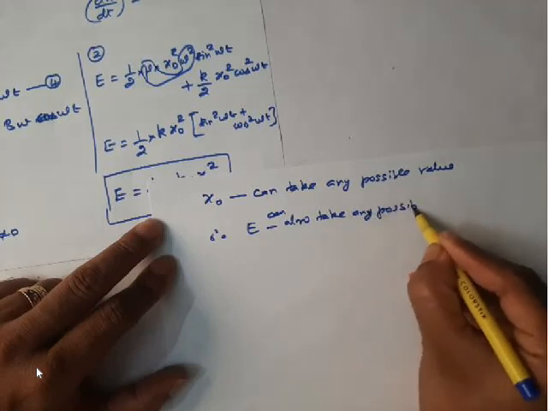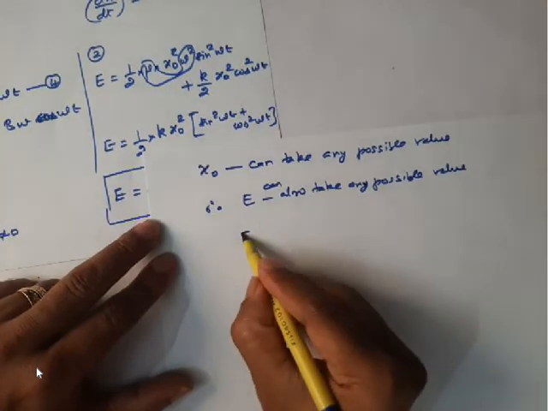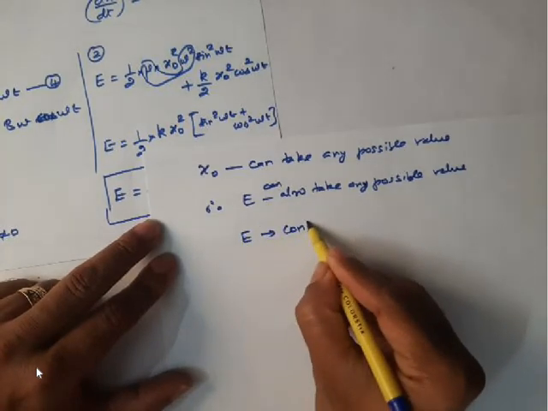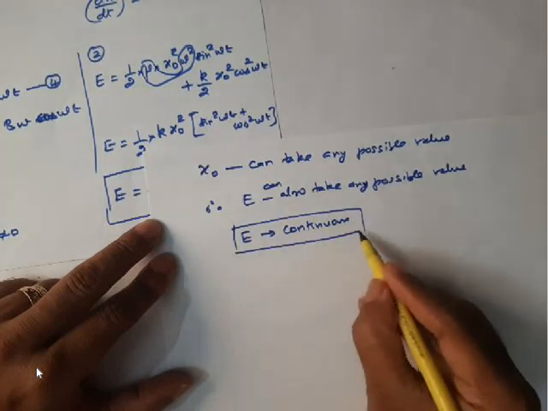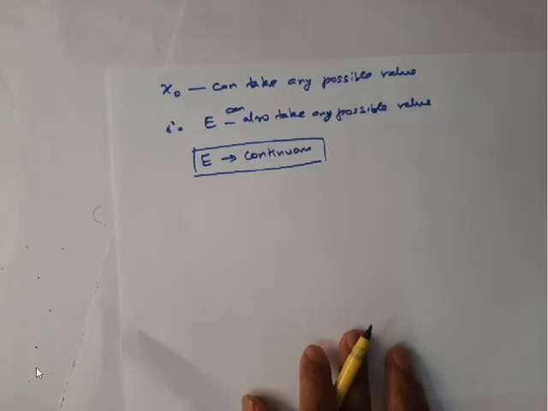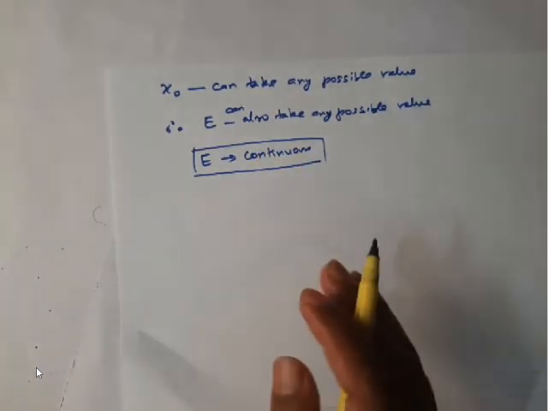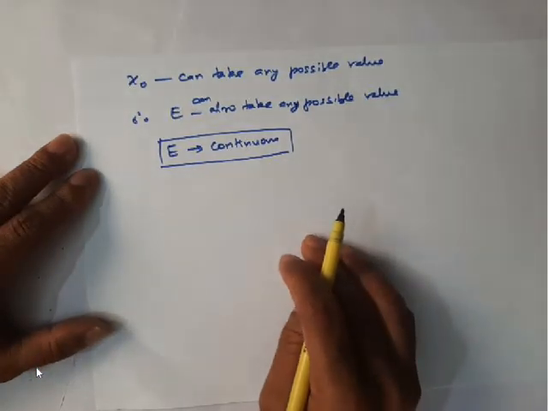If any possible value is allowed, that means total energy is continuous. Right? So this is the conclusion we draw from classical mechanics. And you know very well, whenever total energy is continuous, then a spectrum is not possible.